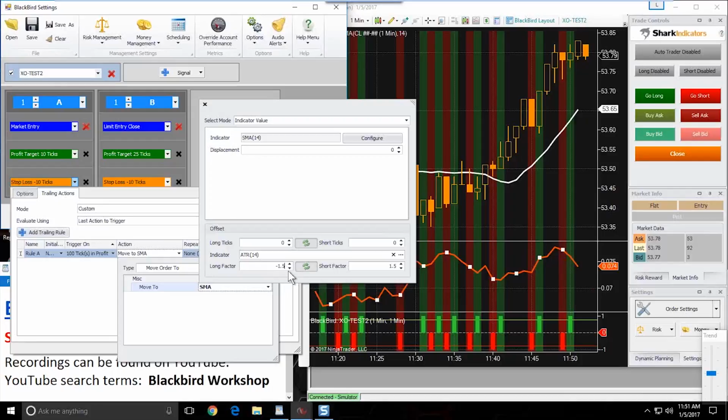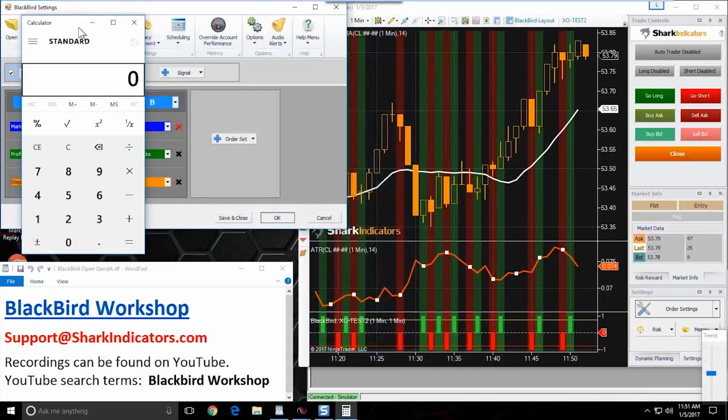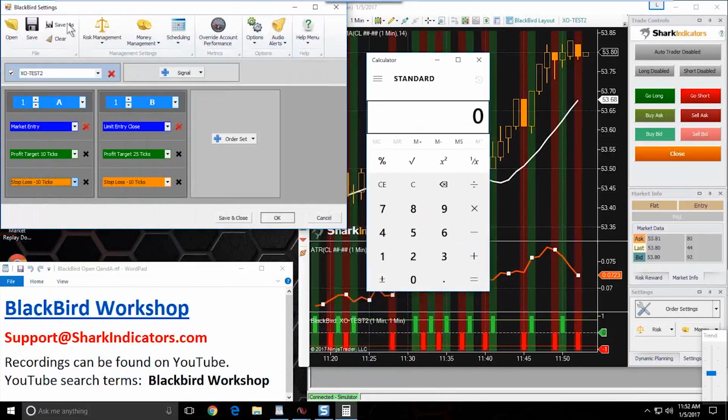So if we did an offset of 1.5, then we'd need to bust out our calculator, and you could take 0.072 and multiply it by 1.5. So we would get an offset value of 11 ticks.